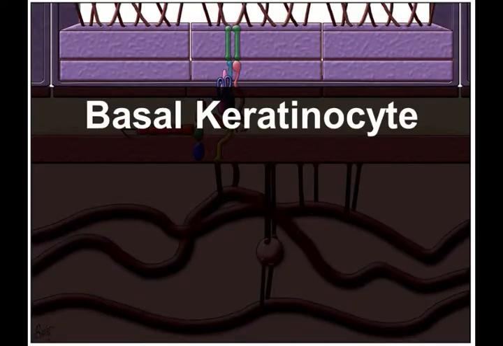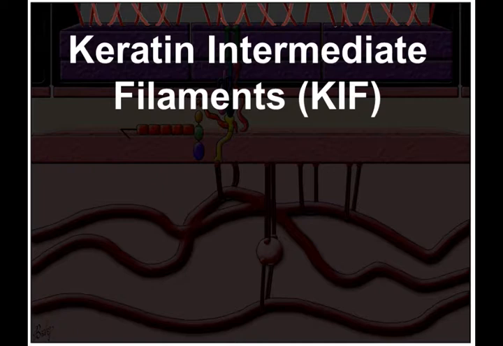First, we'll focus on the components within the basal keratinocyte. The keratin intermediate filaments are located above and really throughout the cell structure.